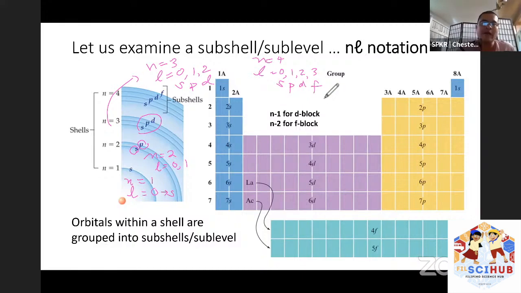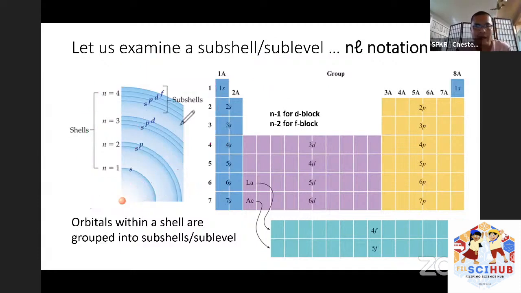Okay lang na gamitin natin itong picture na to, pero hindi naman palagi nakasulat itong picture na ito sa periodic table. So now, why don't I show you how I would explain this model to my students using the periodic table.